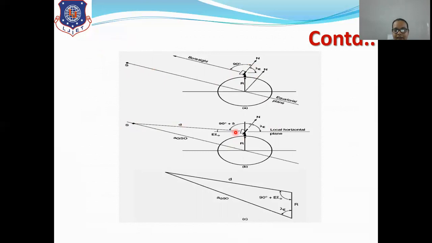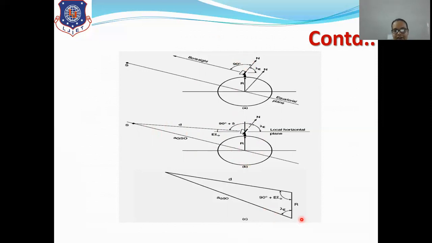Clear? So this angle, which we have mounted at the earth station latitude lambda e, and the tilt that we are doing is the angle of 90 degrees and delta, the tilt angle, tilting on both sides. Clear? So we will get here d, that is from earth station to satellite, the d range. Now see this triangle.